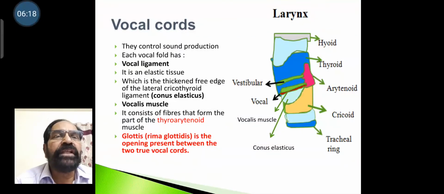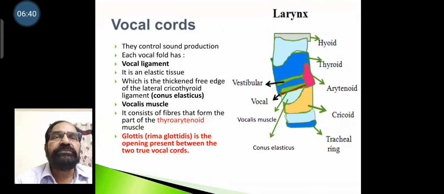As shown in the picture, you can see the conus elasticus, and this vocal ligament is the thickened free edge of conus elasticus. It also consists of vocalis muscle. What is vocalis muscle? It consists of fibers that form part of thyroarytenoid muscle.